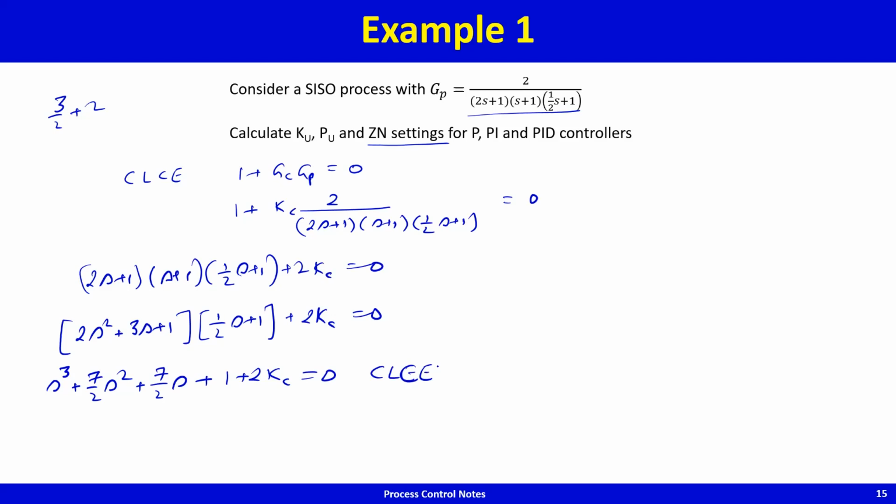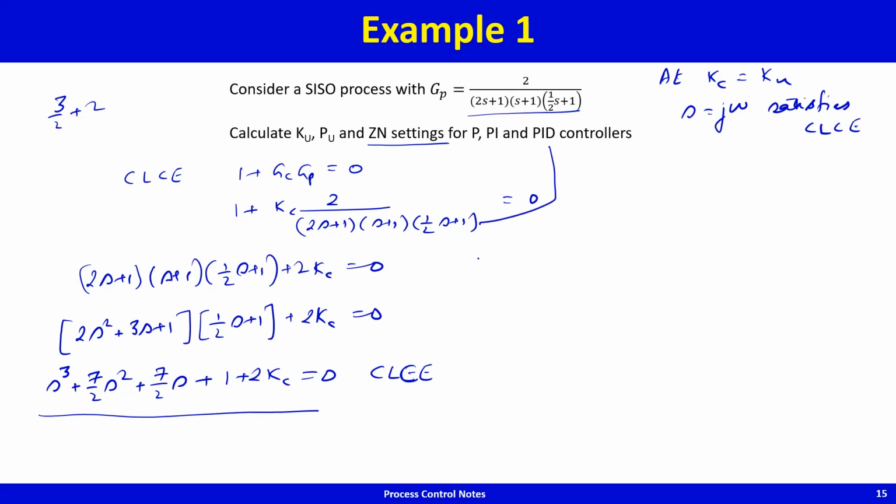And for Ziegler-Nichols, or for Ku-Pu, we are looking for those roots of this characteristic equation that are purely imaginary, because when you have purely imaginary roots, that's when you get sustained oscillation, a complex conjugate pair. So at Kc equal to Ku, s is equal to j omega, a purely imaginary root, must satisfy the CLCE.